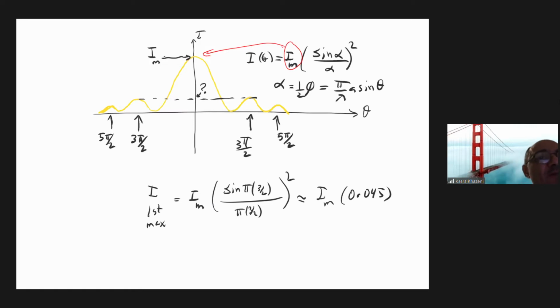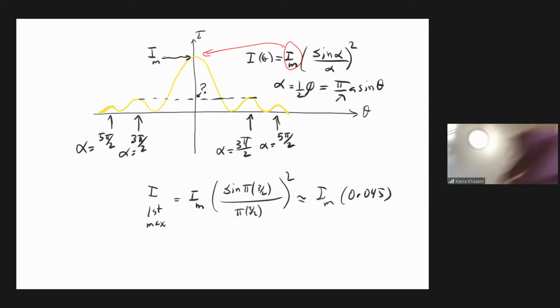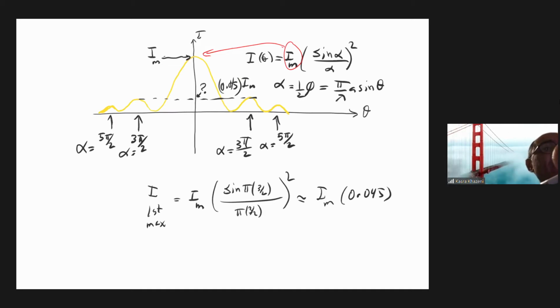These are, by the way, alphas. So you can see the reduction is huge. The second maximum is at the location of only 0.016 times I max, right here. So you can see it's enormously small.